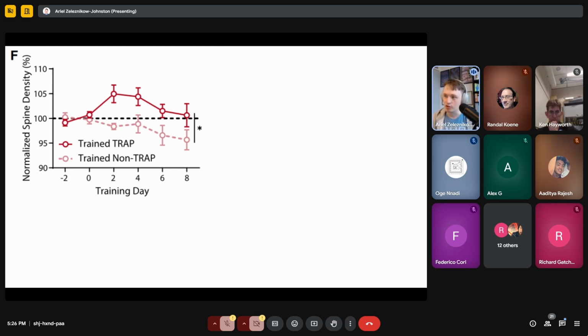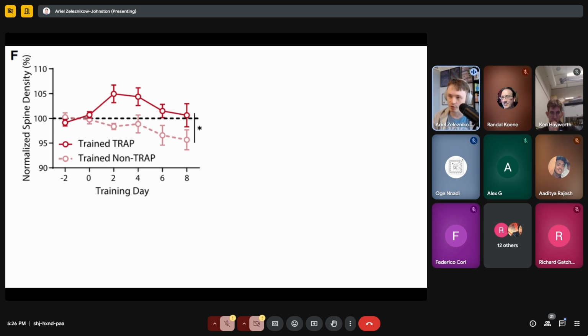And what you see is this initial spike up in the density of these trapped neuron spines during early training that then comes back down to about 100%, so back to the same level, whereas the non-trapped dendrites' spines actually reduce over that period of time.